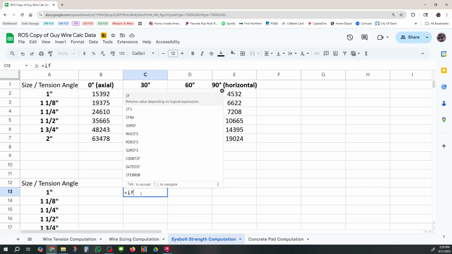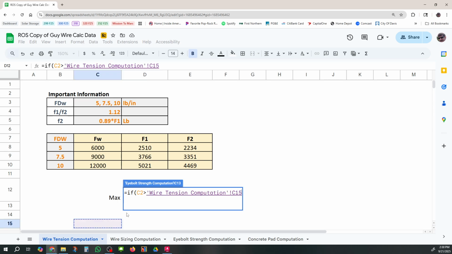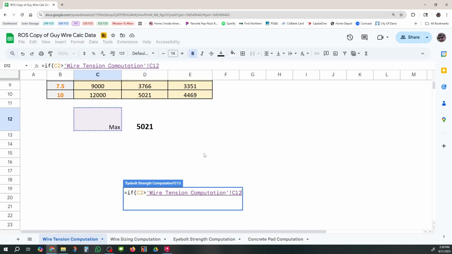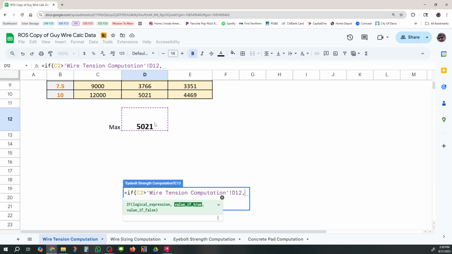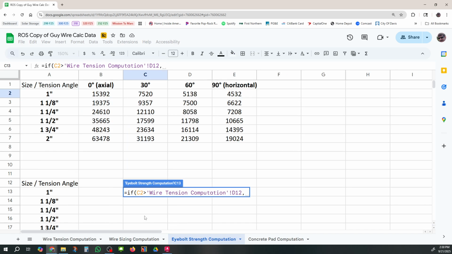So equals if this number is greater than my number over here, then back over to here, then yes, otherwise no. End parentheses. There we go.